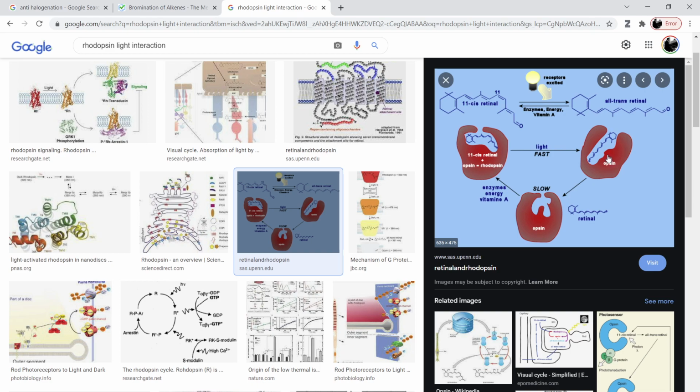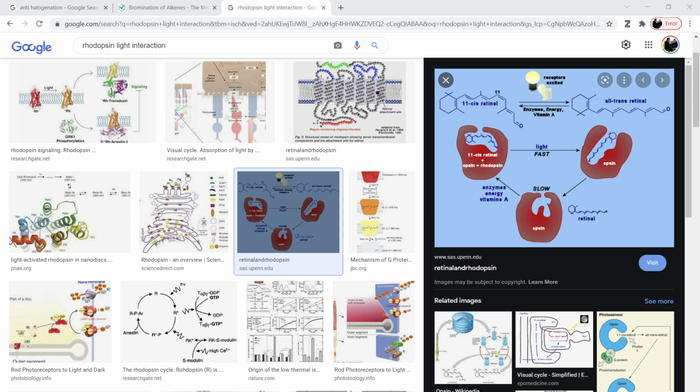But suffice it to say, these retinals interact these things together. So when this happens, you have a change in the shape, and then your protein changes shape, and your brain is able to say, aha, I've detected the change in shape. We've seen light. And so it's pretty cool stuff.